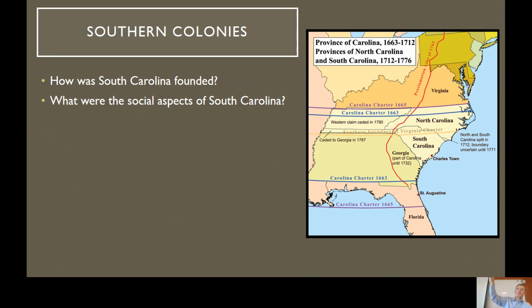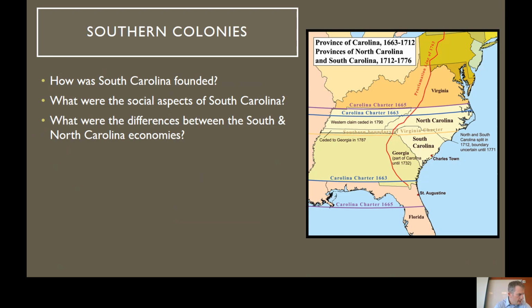So you have the Puritans in the Northeast, Quakers in Pennsylvania, Catholics in Maryland. Well, the Southern colonies, specifically South Carolina and North Carolina, are Anglican, so Church of England. That's going to be their main religion.